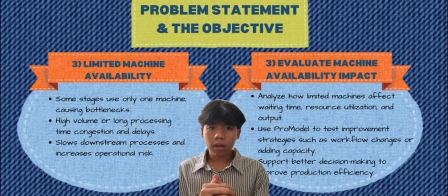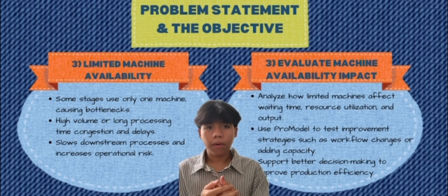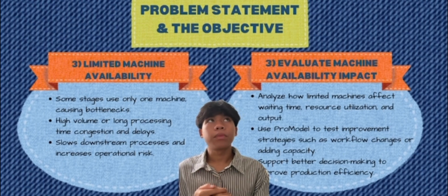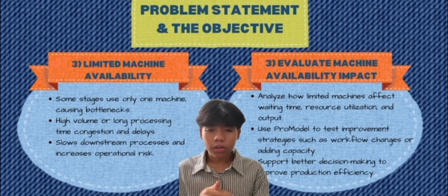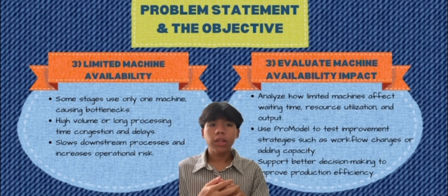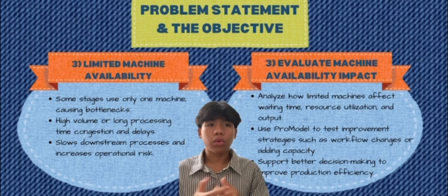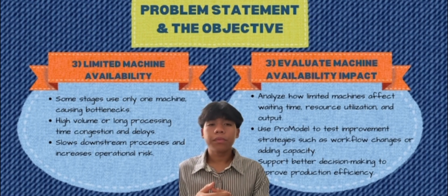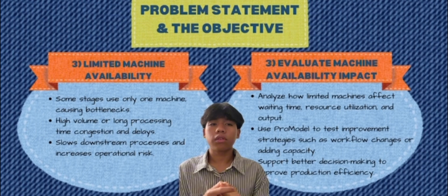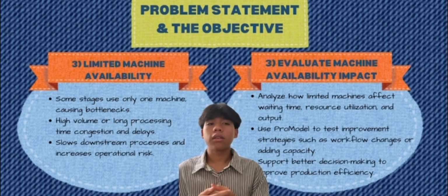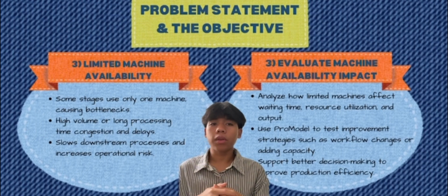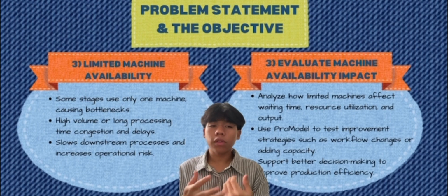The third issue we identified is limited machine availability. At several stages of the process, only one machine or piece of equipment is used. This situation can create a bottleneck. When the production volume is high or when processing time is long, items need to wait in line.